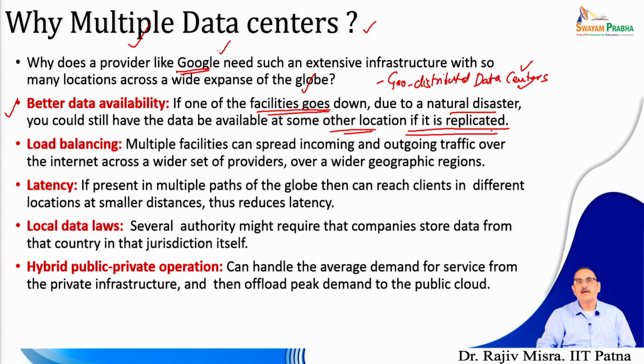So, that means the data is replicated in such a way, so that it should reside more than one such places because of multiple data centers availability. Second important reason is called load balancing. So, multiple facilities can spread the incoming and outgoing traffic over the internet across a wide set of providers over a wider geographic regions. So, that is why it is called the load balancing.